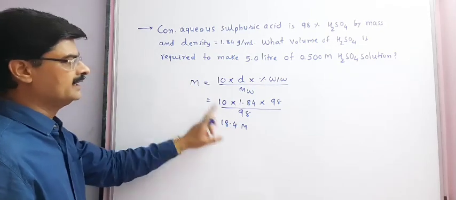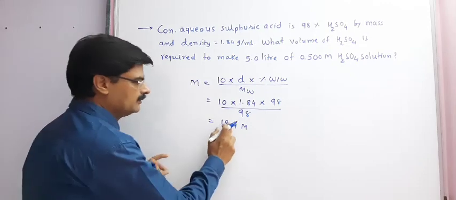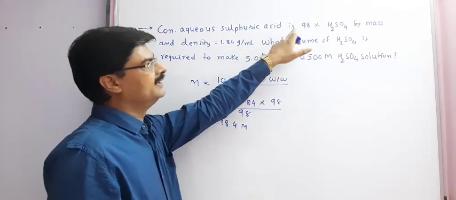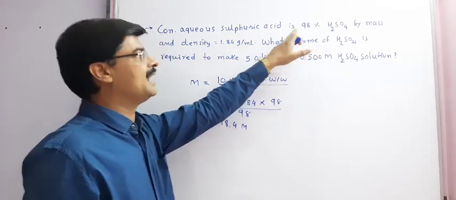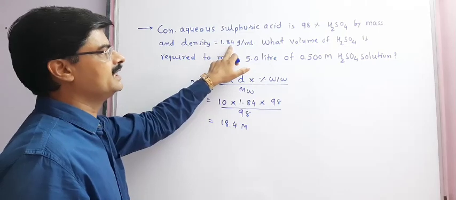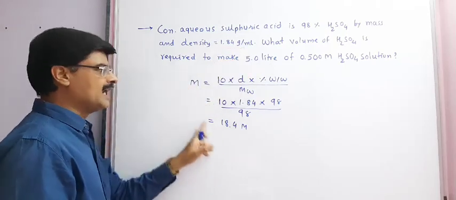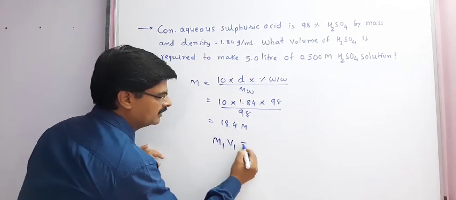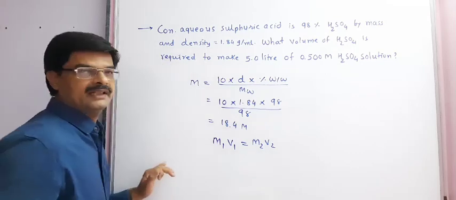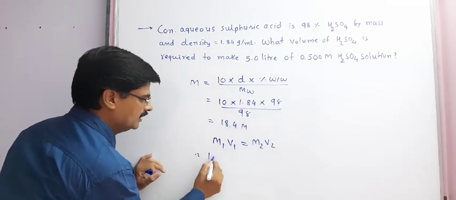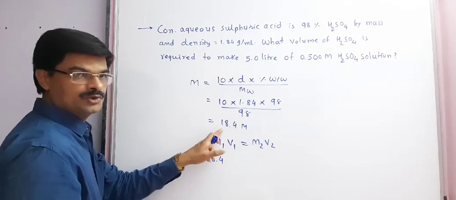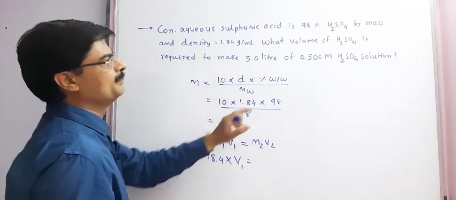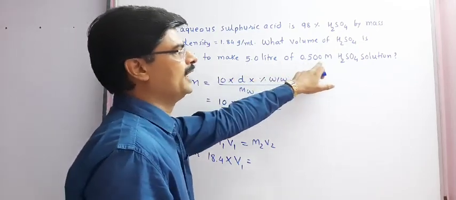So the first molarity has come out to be 18.4, meaning concentrated aqueous sulfuric acid with 98% H2SO4 by mass with density 1.84 gram per ml has molarity 18.4 molar. Now, applying the formula M1V1 is equal to M2V2. We have 18.4 molar solution whose volume we have to find out to prepare 5 liters of 0.5 molar solution.